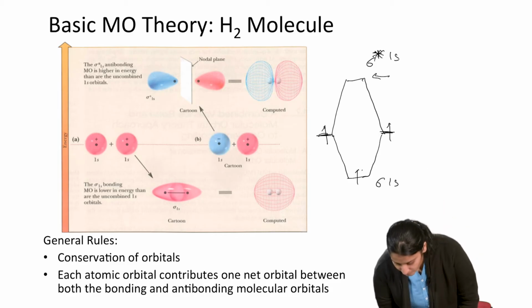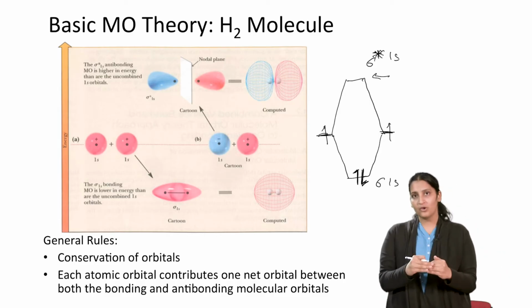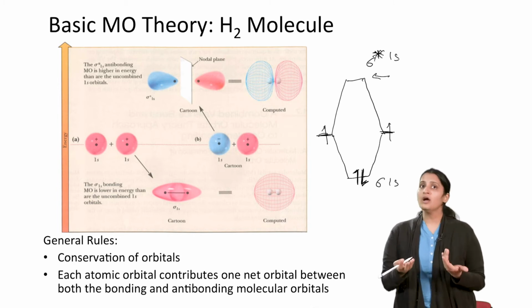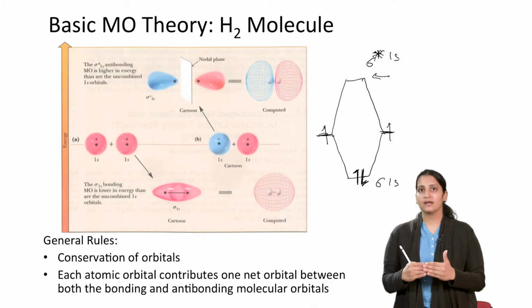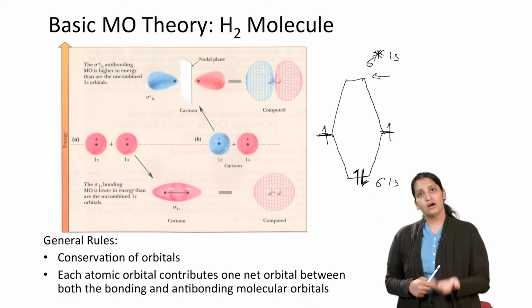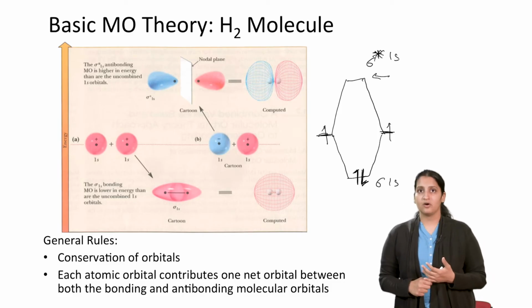I will fill these 2 electrons in the lowermost energy orbital, which is the bonding molecular orbital, and they have to be paired with each other using Pauli's exclusion principle. Now, I am done with adding 2 electrons, so I have no more electrons left to put in the sigma star molecular orbital, or the anti-bonding orbital.